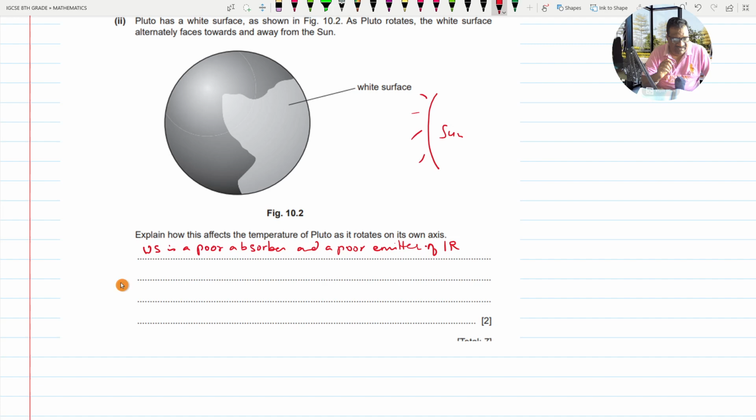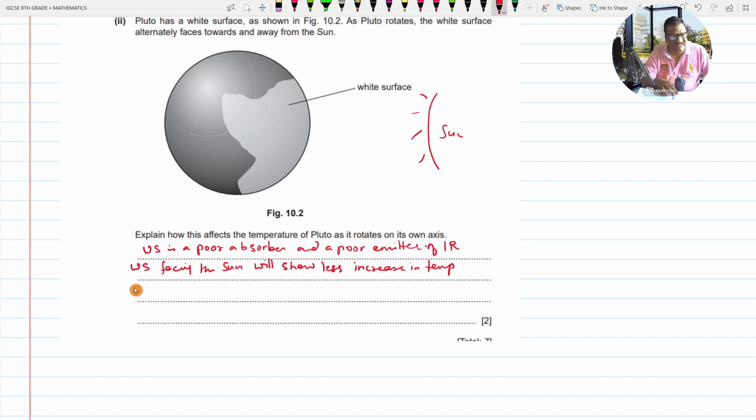Now what we can write is that white surface facing the sun will show, because it is a poor absorber, less increase in temperature, right?